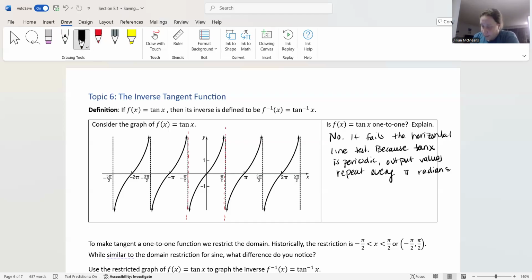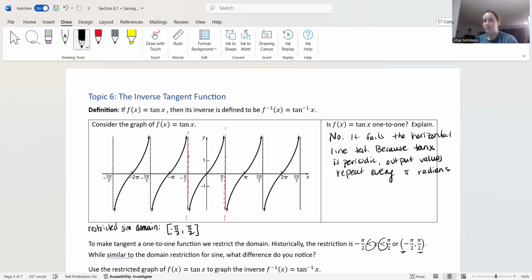For the restricted sine domain, we were looking at negative pi over 2 to positive pi over 2 inclusive, meaning we could include those exact values. With tangent, we cannot include those exact values. So you want to use rounded brackets if you use interval notation.